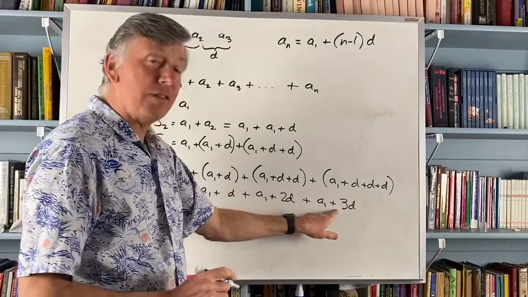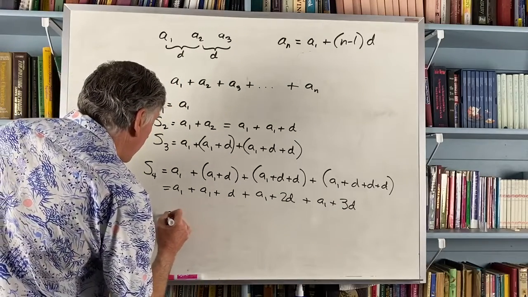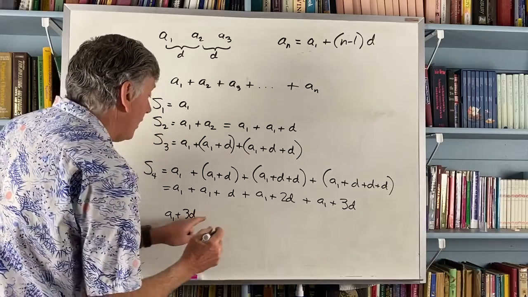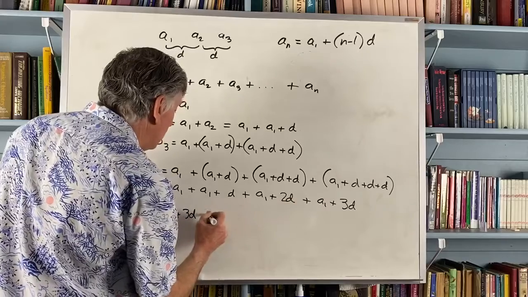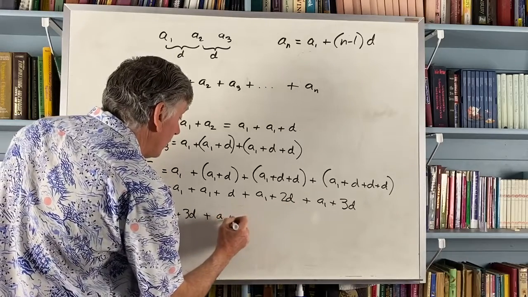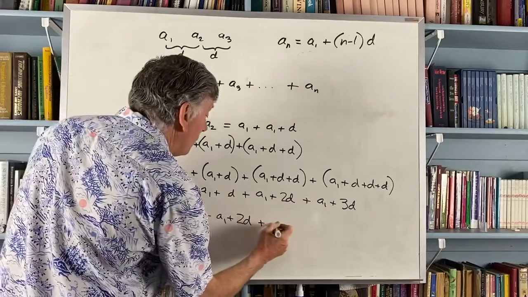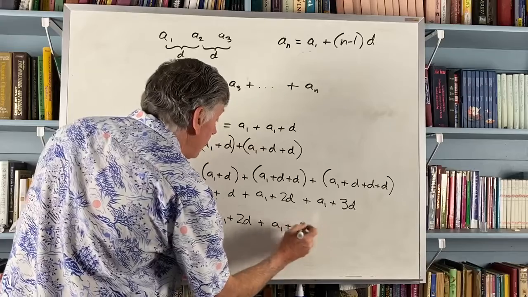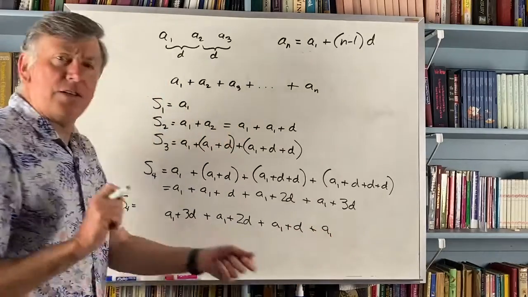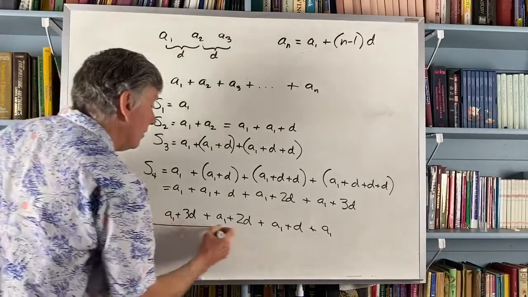I'm going to start with this term, a1 plus 3d, and then I'm going to add this next term, a1 plus 2d, and then I'm going to add a1 plus d, and finally my a1. All I did was reverse the order, and you'll see why.